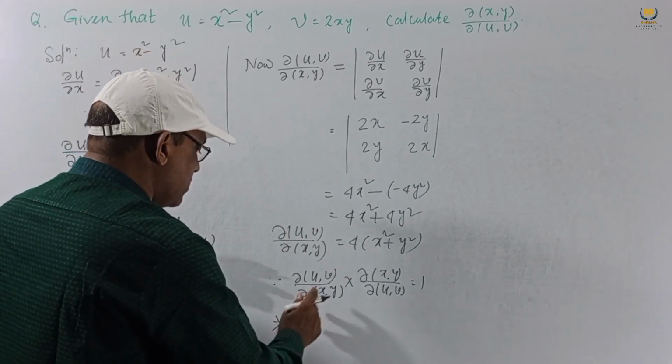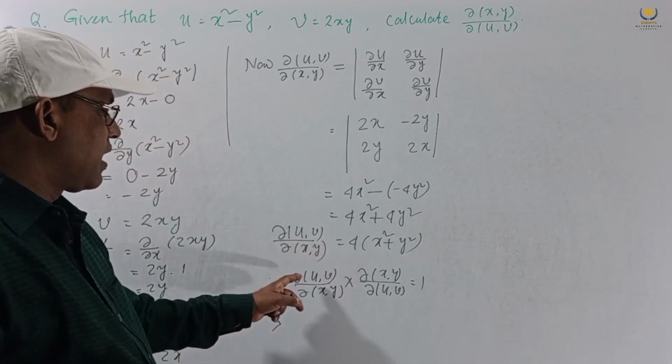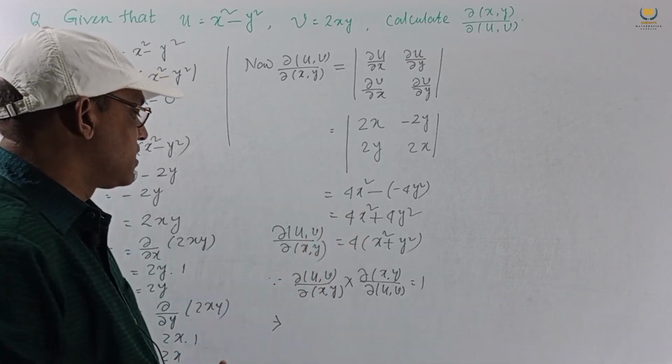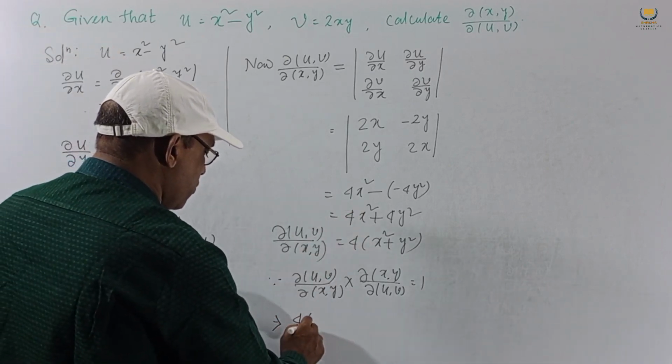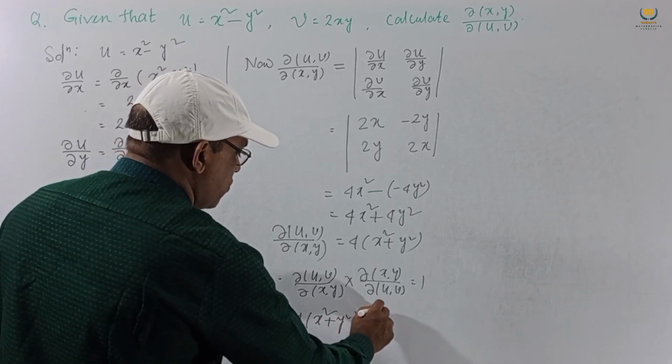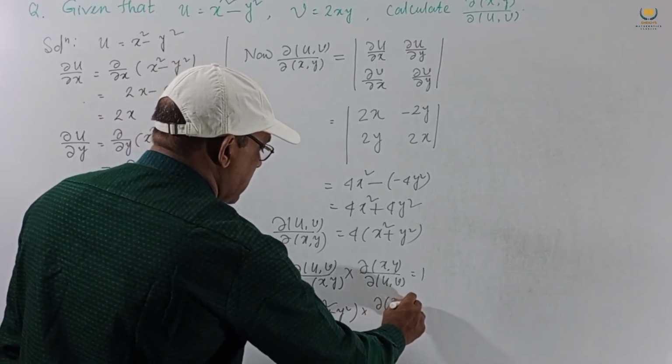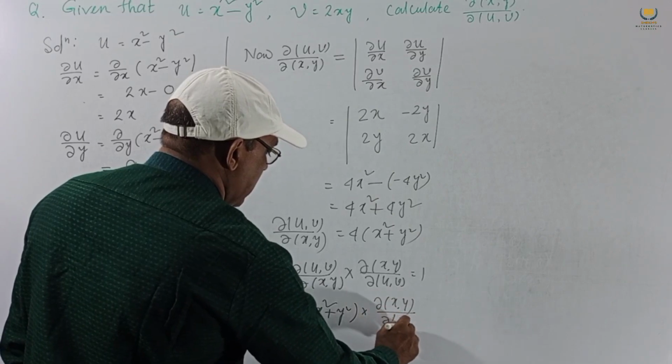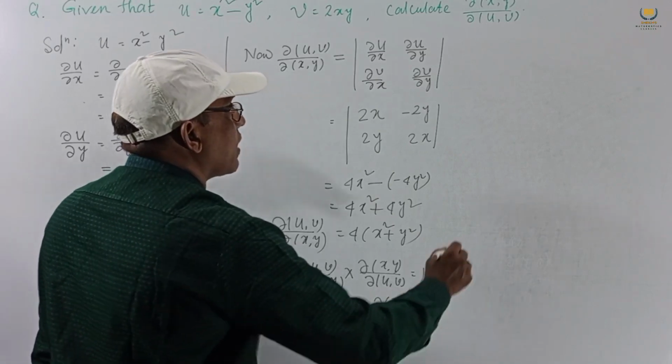But we know the value of ∂(u,v)/∂(x,y). This is 4 into x squared plus y squared into ∂(x,y)/∂(u,v) equals 1.